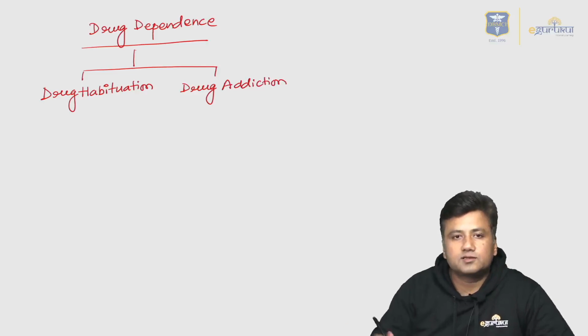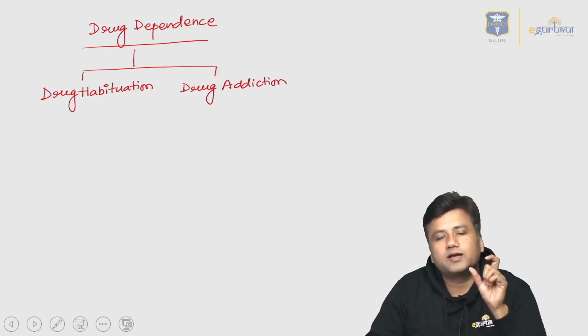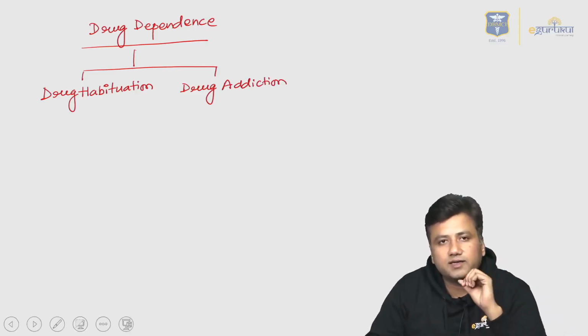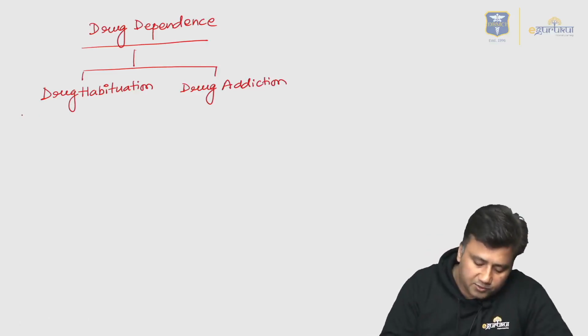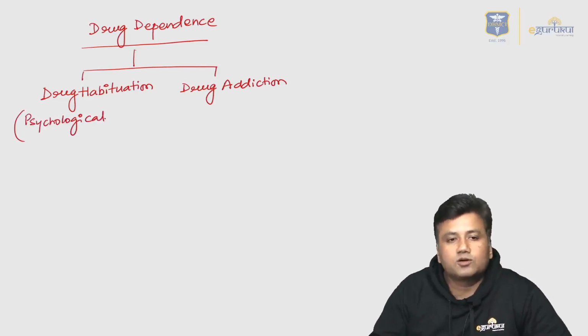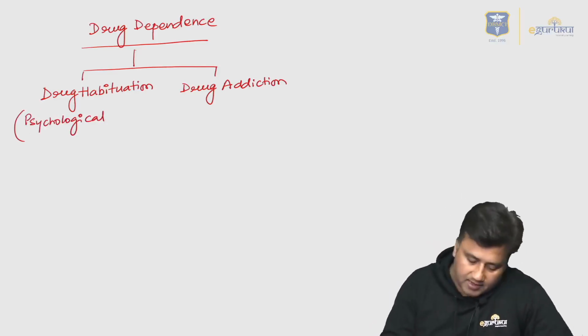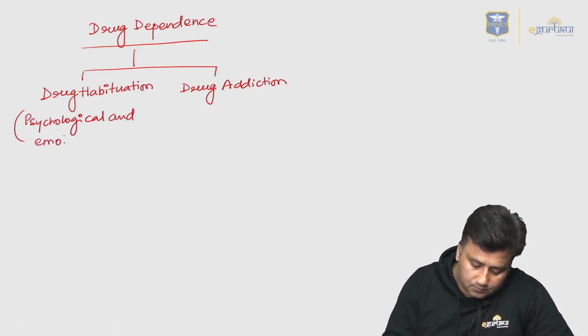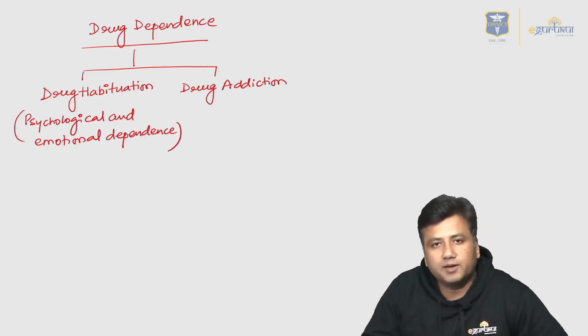The basic difference between the two is more or less the physical dependency that these cause. Drug habituation commonly leads to psychological dependence and emotional dependence.